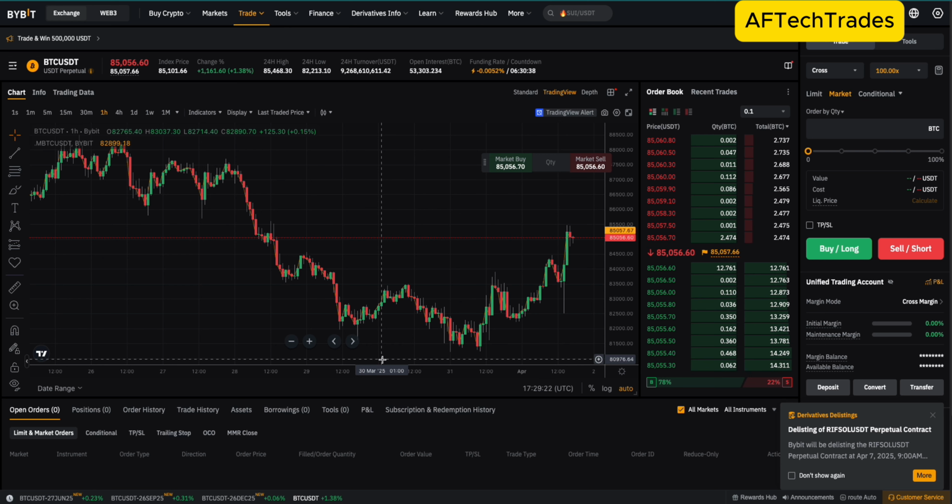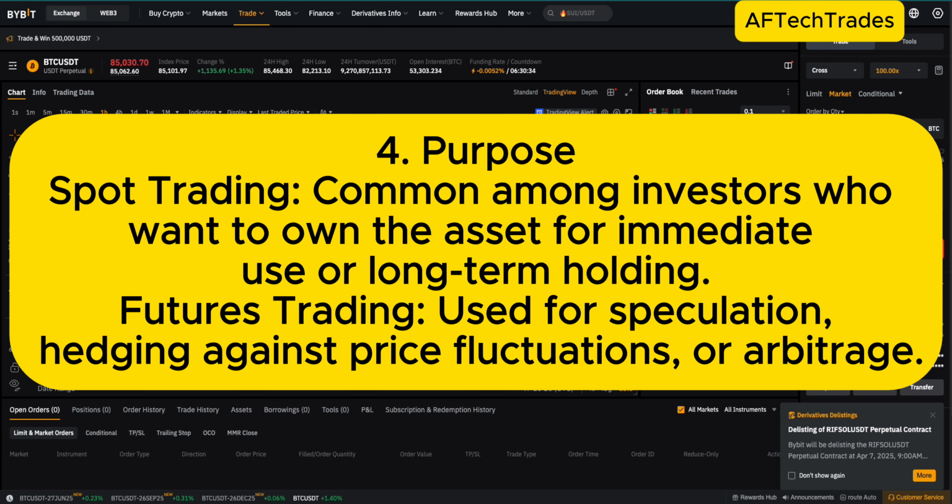So number 4 difference between spot trading and futures trading: spot trading is mostly common among investors who own the asset for immediate use or long-time holding. You see all the big agencies, the government agencies, and so on, usually involve themselves in spot trading because they do long-time holding.